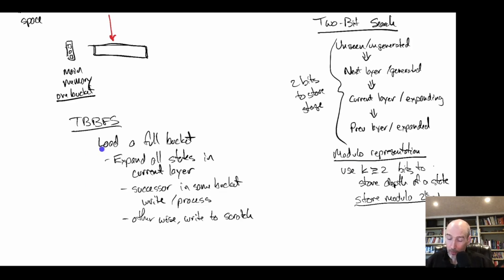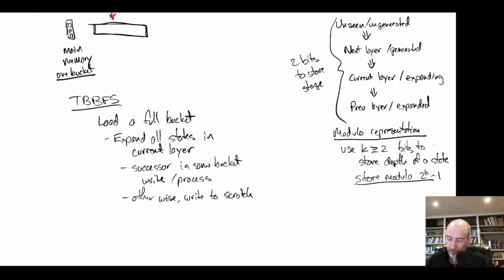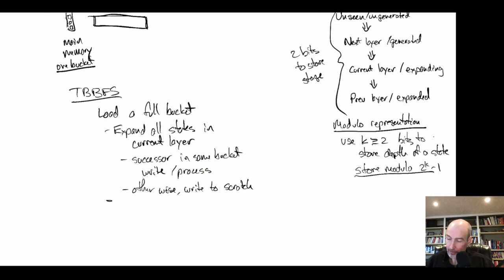Okay, so this says load a bucket. In that bucket, we expand all the states in the current layer. The successors that go into the same bucket are going to be processed immediately. Otherwise, we're going to write it to scratch. And what we'll do here, as I said, there's a couple different ways this could be done. But we're going to say, look, I've expanded this state. So now I can change that state to say, now it's been expanded.